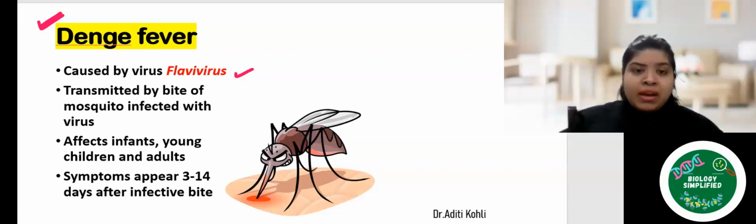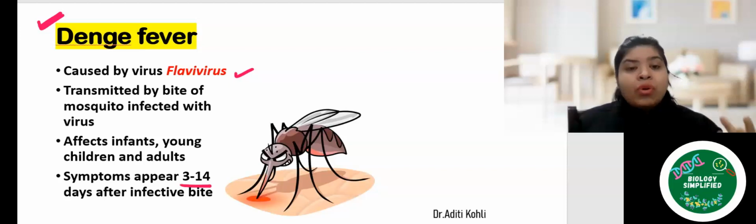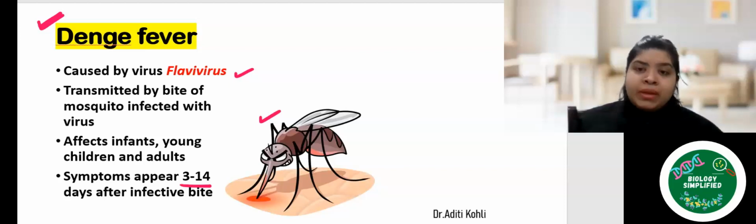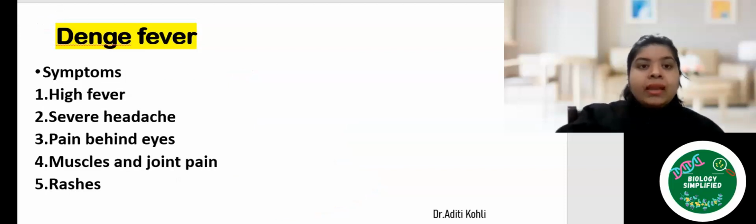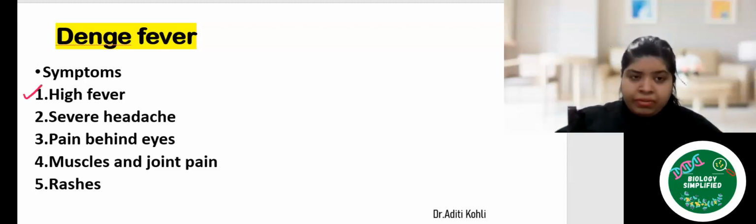It infects infants, young children, and adults, and the symptoms generally appear 3 to 14 days after an infective bite from the mosquito. The symptoms of dengue fever include high fever, severe headache, pain behind the eyes, muscle and joint pains, and rashes.